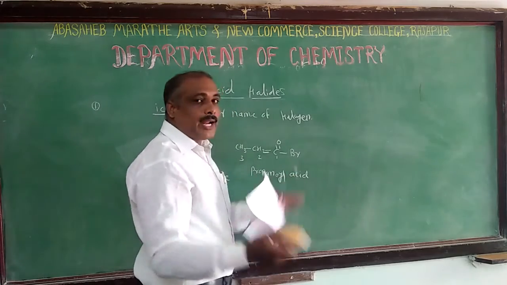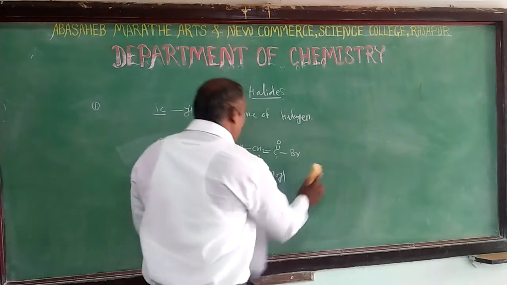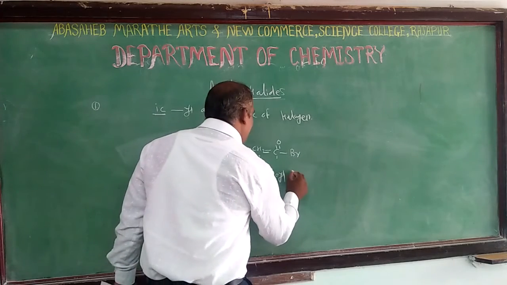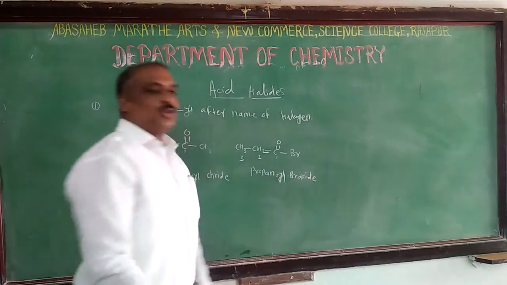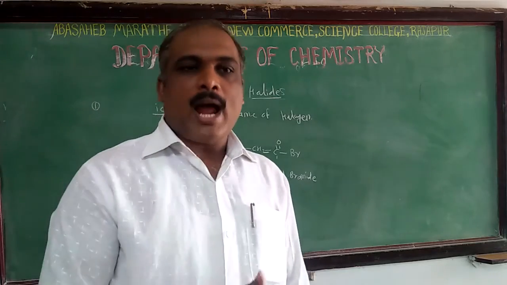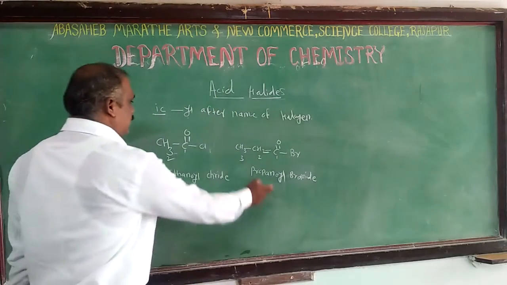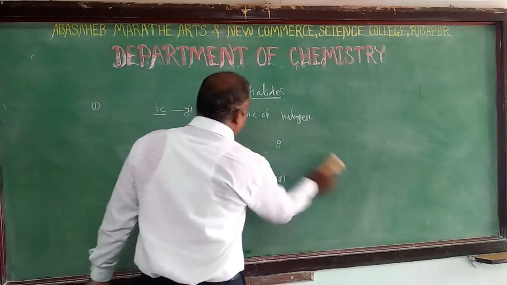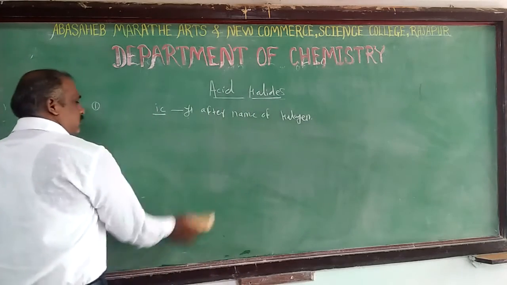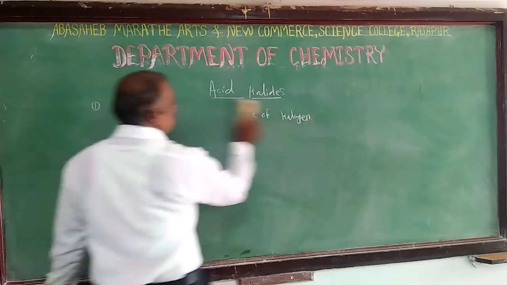And then we write the name of the halogen. Which halogen? Bromide. Right? So the name is propanoyl bromide. It is the IUPAC name for this molecule. Similarly, other examples are here.